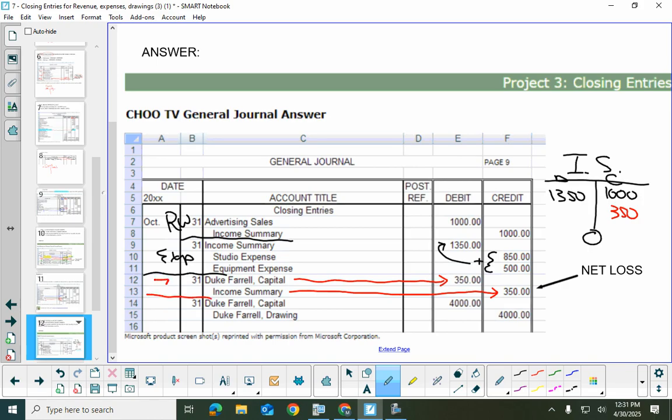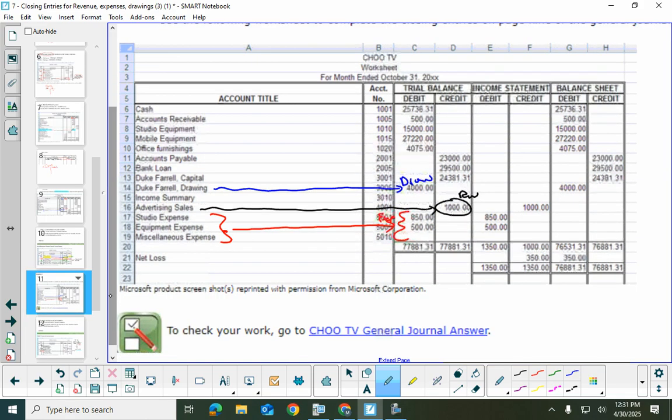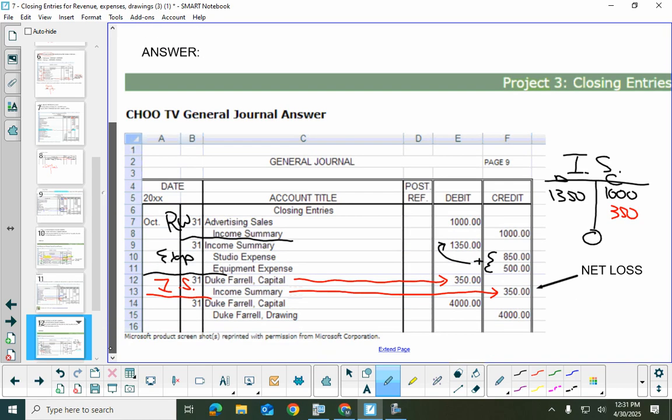So this is income summary. Finally, drawings. Drawings has a debit balance. So to close it out, I'm going to credit drawings, and then the matching debit goes to capital. So revenue gets closed to income summary.